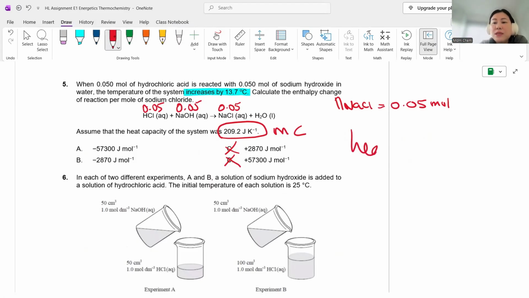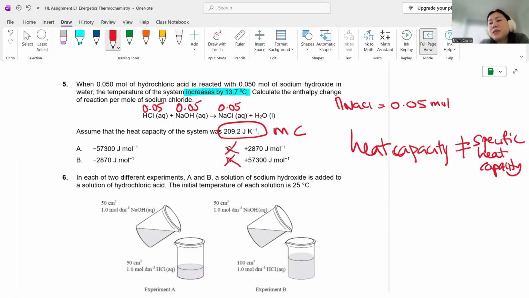So heat capacity is not specific heat capacity. What's the difference? Heat capacity is joules per Kelvin. Specific heat capacity is joules per gram per Kelvin, so the gram is already factored in. So what's the relationship?